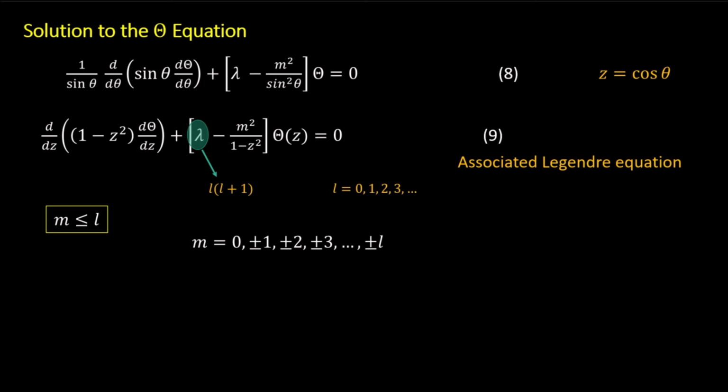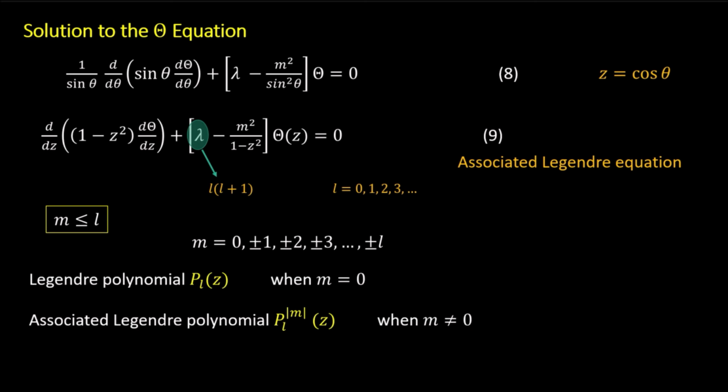Now m equal to 0 in equation 9 leads to the Legendre polynomial. So the solutions to equation 9 are the Legendre polynomial when m is equal to 0 and the associated Legendre polynomial P l m of z when m is not equal to 0.